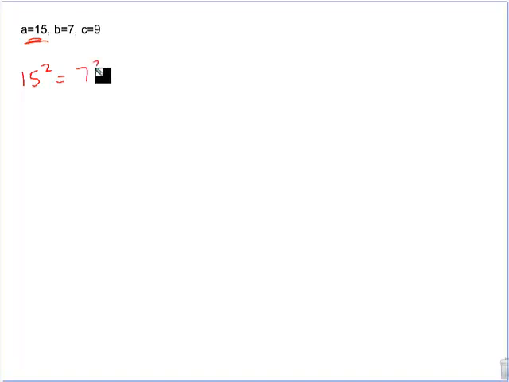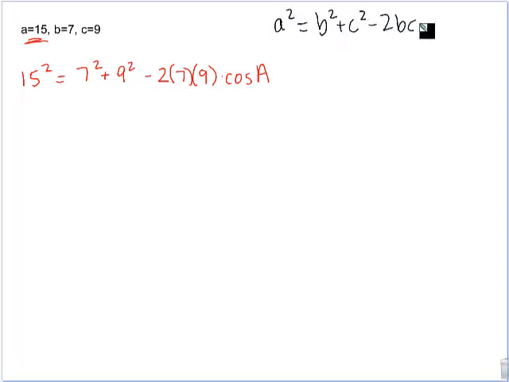So you would do 7 squared plus 9 squared minus 2, times 7 times 9 times the cosine of A. And that is just following your law of cosines formula, which is derived from the Pythagorean theorem. You see a Pythagorean theorem in there? It's derived from that.